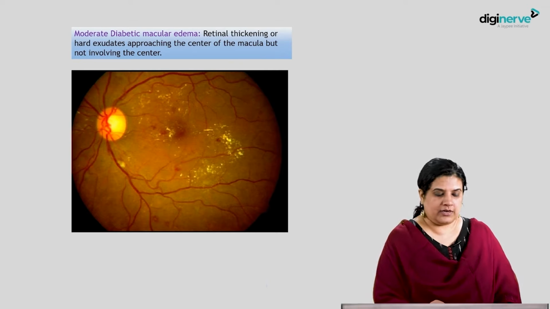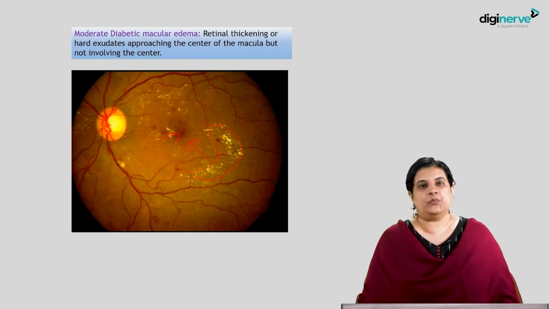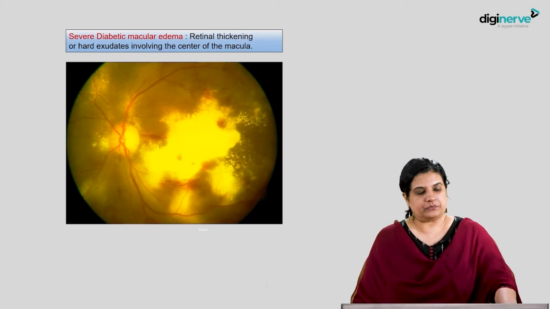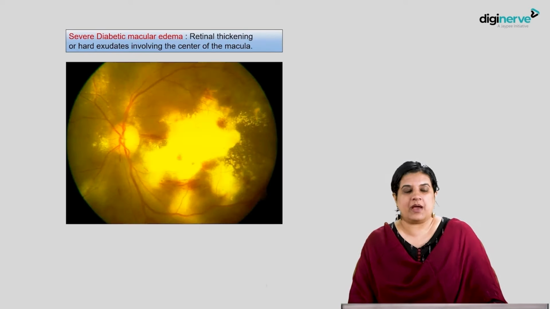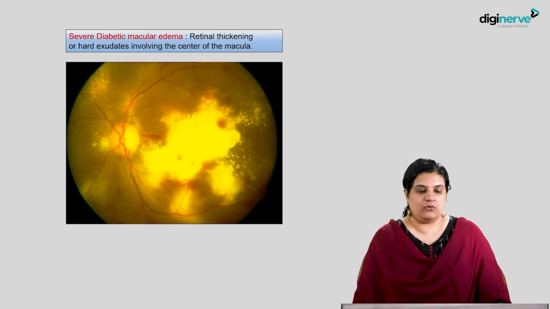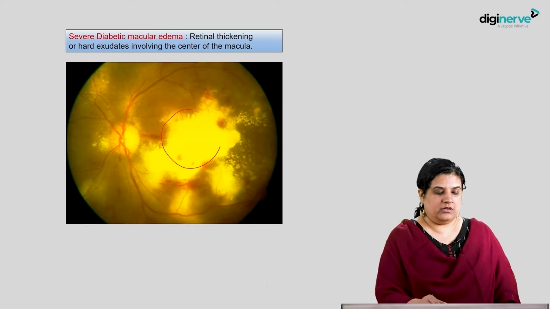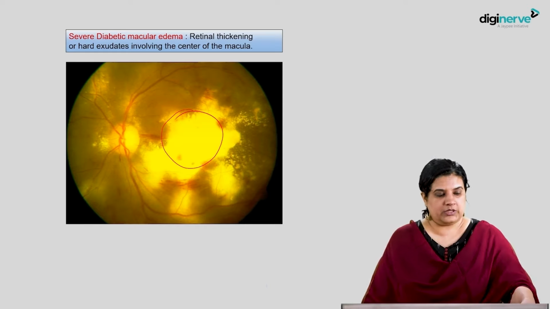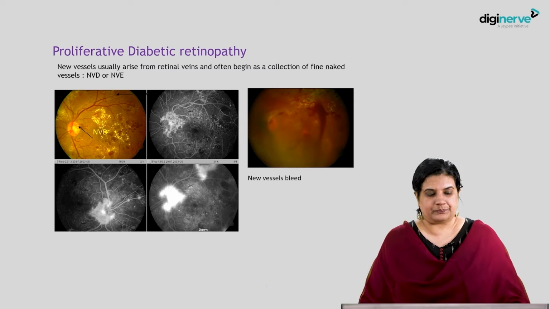So these hard exudates are somewhere near the vicinity of the center of the macula and are eventually approaching the center. Severe diabetic macular edema, on the other hand, has retinal thickening or hard exudates involving the center of the macula. This is quite a bit of exudation that has happened in this area.